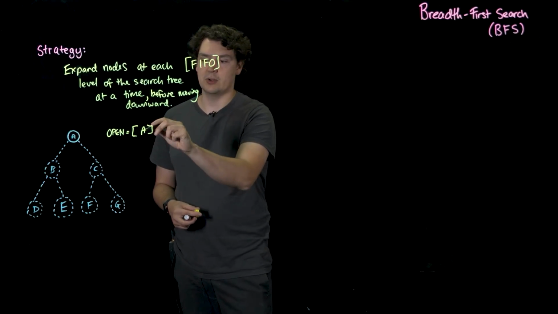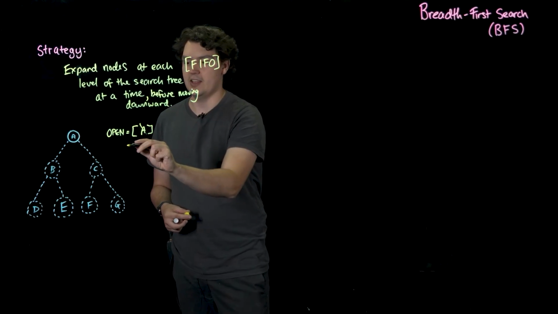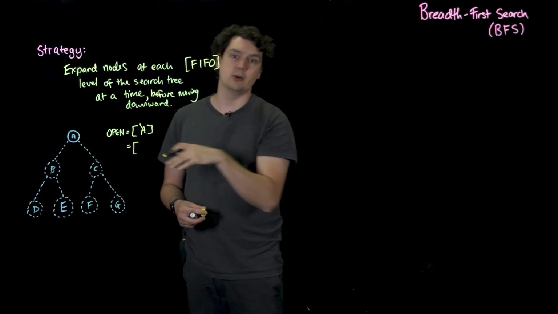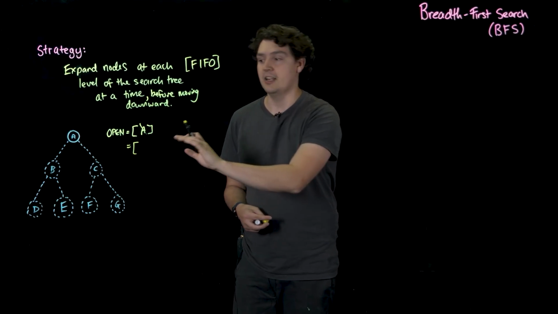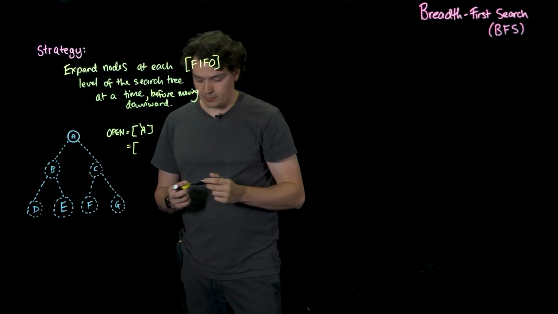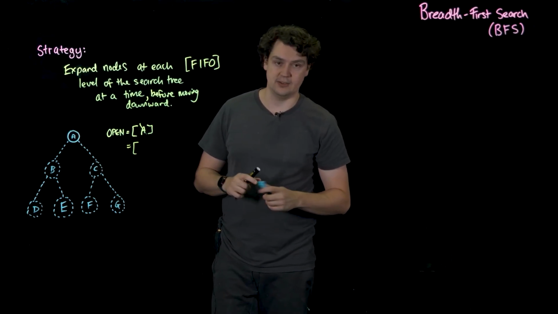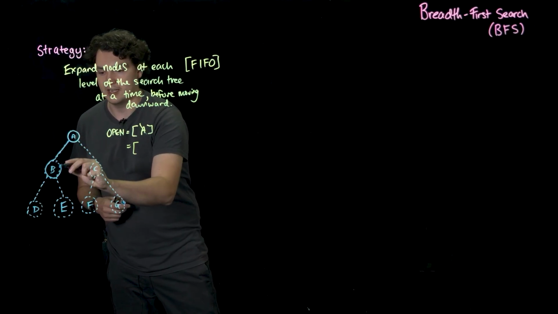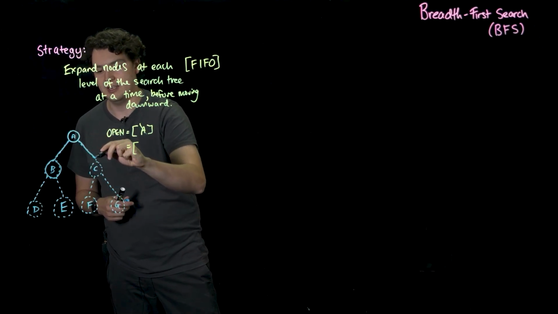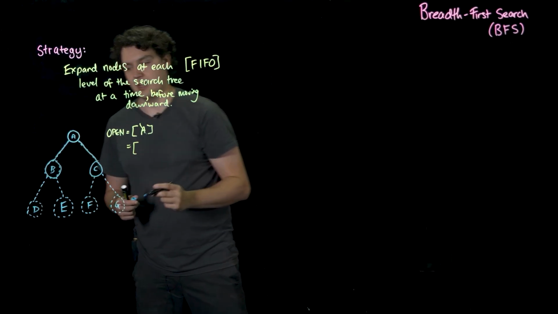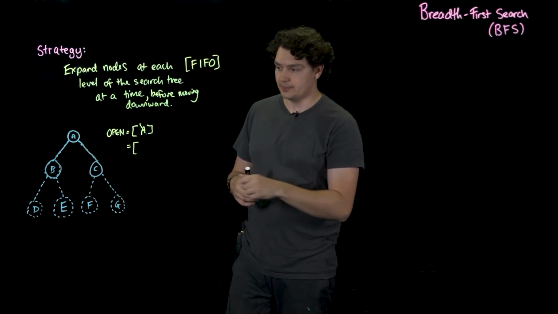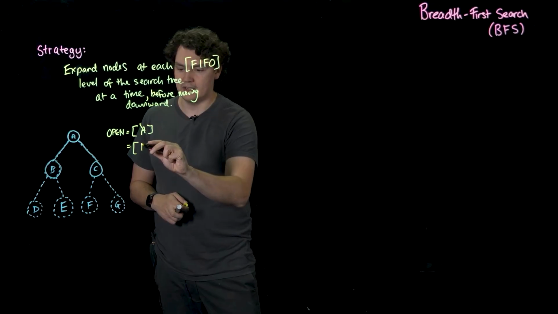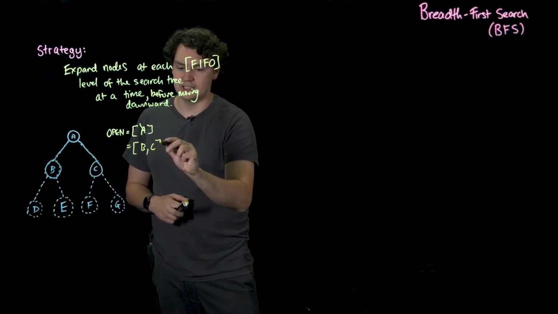We are going to pop this out, and then expand A and generate its children. So we find both B and C now. Unlike the dashed lines, these are now solid, indicating that they are actually generated. Both B and C get put into this list.